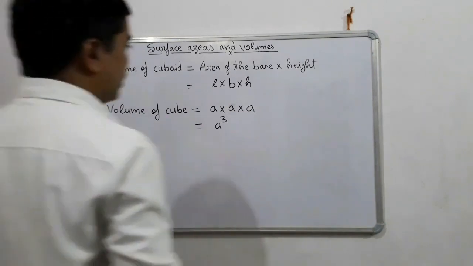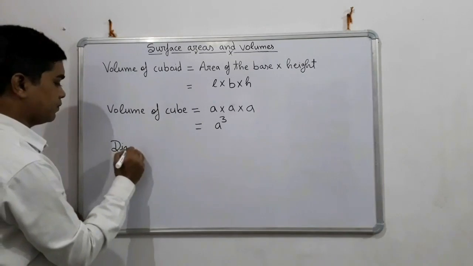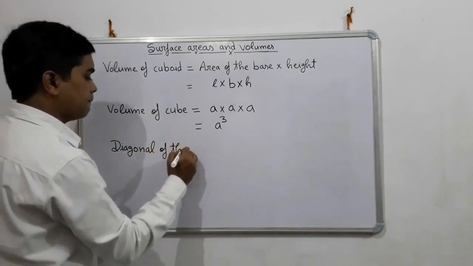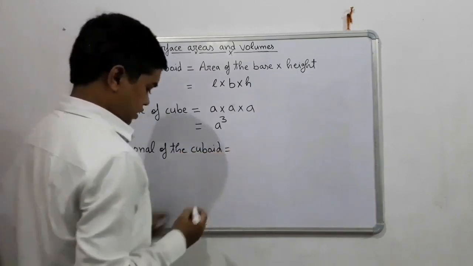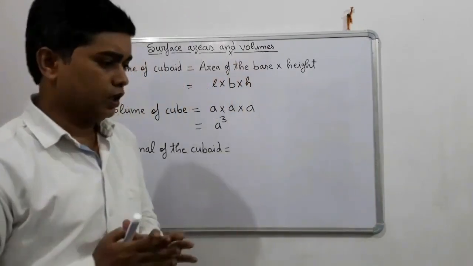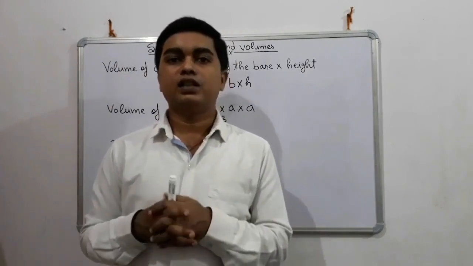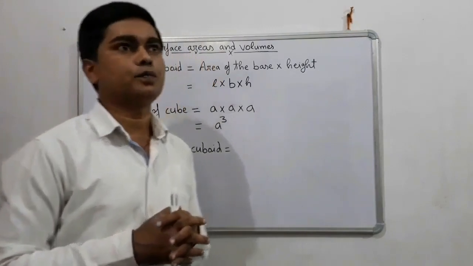And children, now we will find the diagonal of the cuboid. First I want to tell you what the diagonal of the cuboid is. Children, suppose you have a question: find the length of the longest rod that you can put in the room.